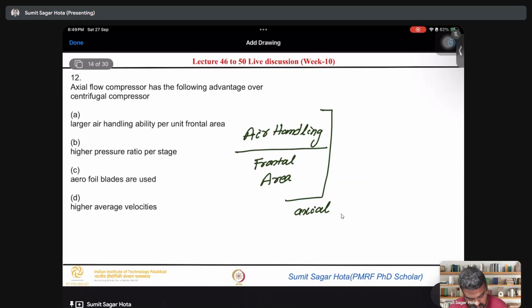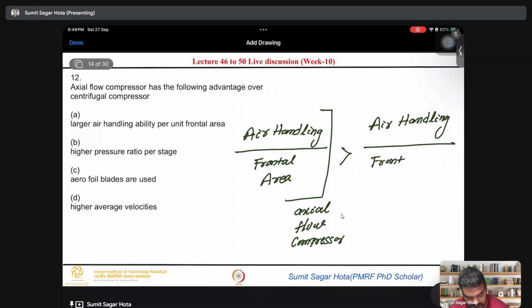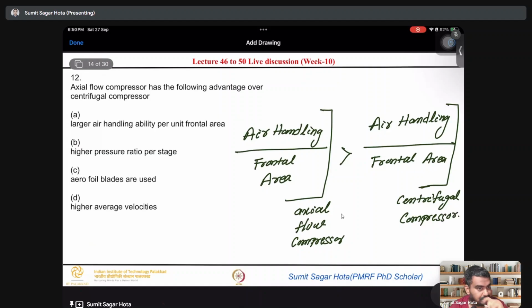The axial flow compressor is greater than the air handling by frontal area for the centrifugal compressor. So the answer is A.